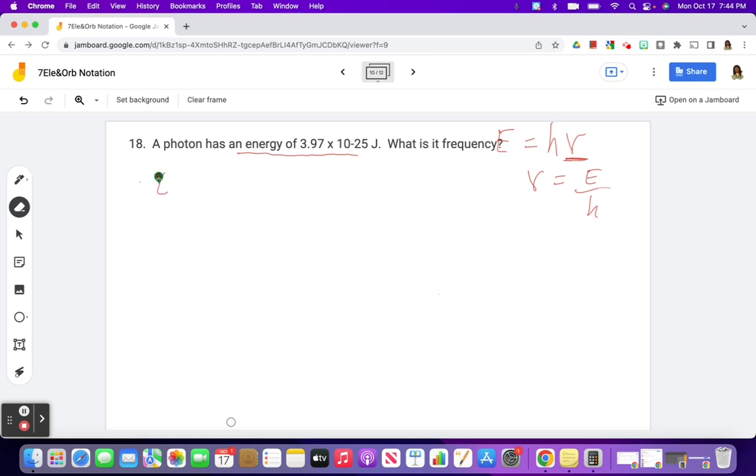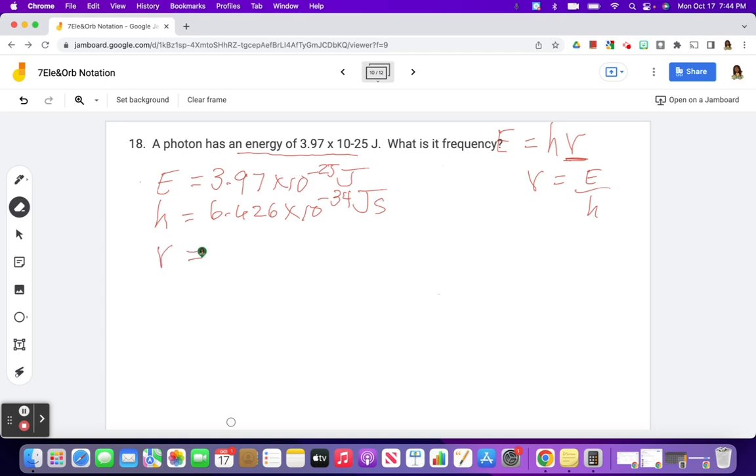So let's start with what we have been given. We have 3.97 times 10 to the negative 25th joules. And we know Planck's constant because that number never ever changes, 6.626 times 10 to the negative 34 joule seconds. All right. So with this, it's pretty simple.